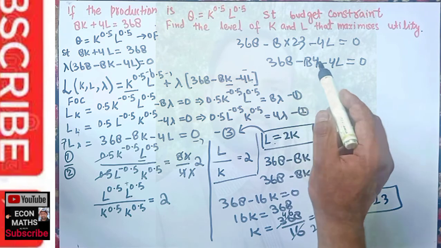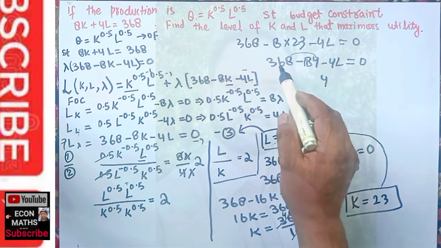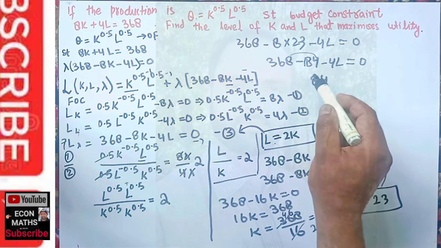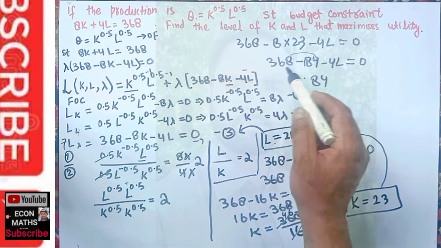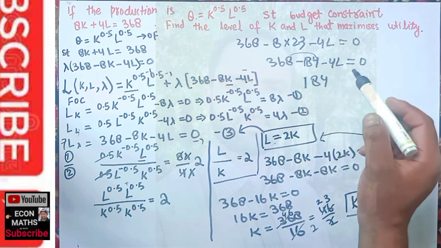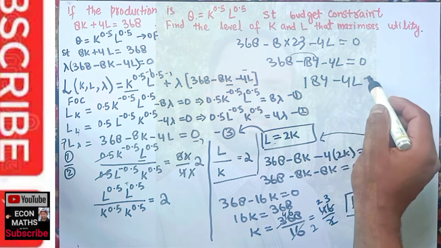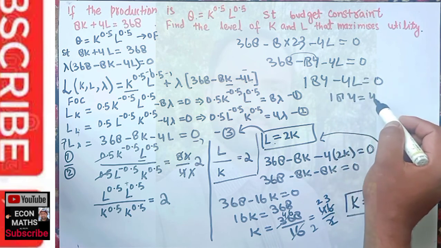Now 368 minus 184, now 8 minus 4 is 4, 6 minus 8 is 8, 3 minus 1 is 1. Okay, so we get here 184 minus 4l is equal to 0, or 184 is equal to 4l.